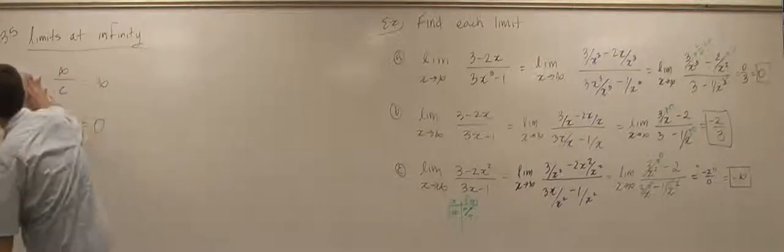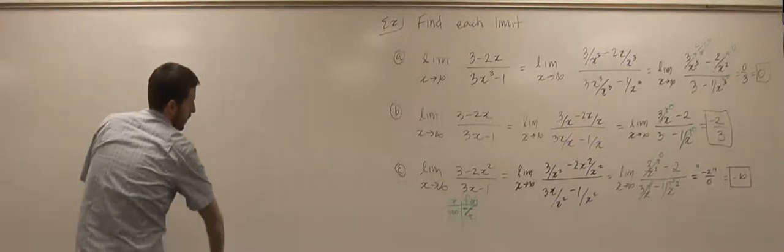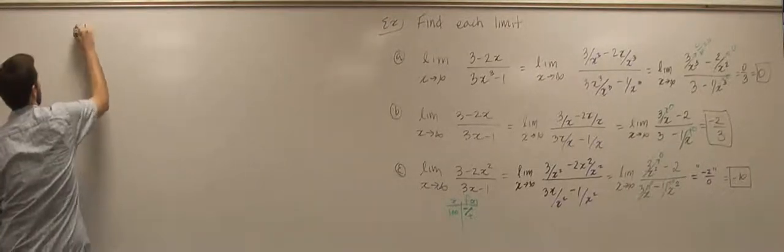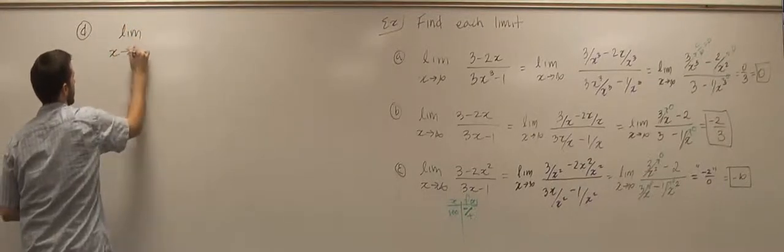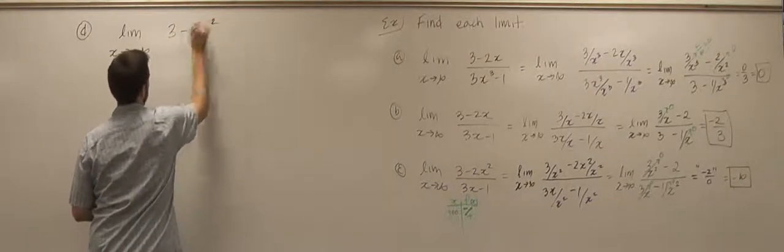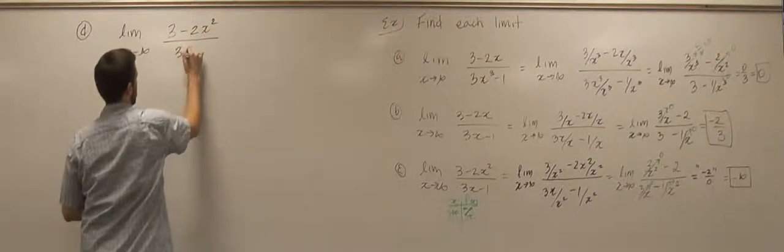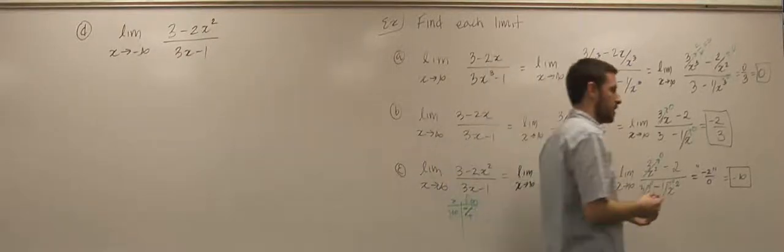Let me write that because that's a good point. If I gave you limit as x goes to negative infinity instead, 3 minus 2x squared over 3x minus 1, you do all the same simplifications, right?